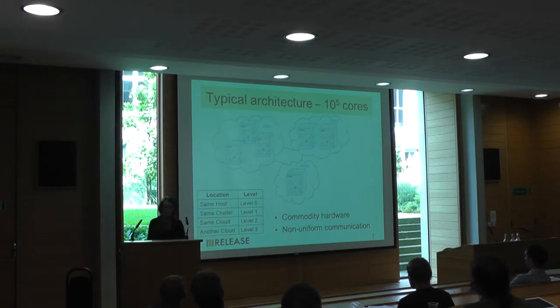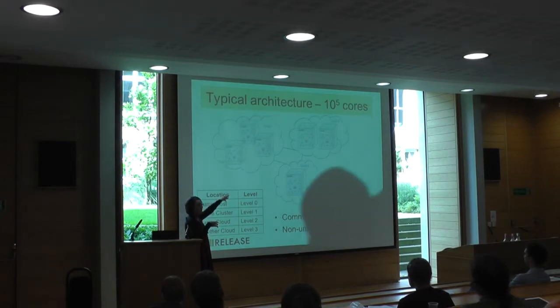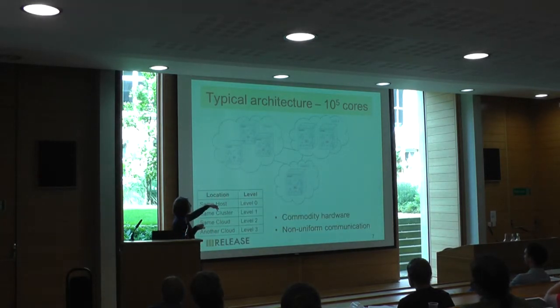Something like 1 to 5 clusters will make a cloud, and clouds will be connected to each other. Here we also distinguish levels where a process can be spawned. It can be spawned to a node on the same host, on another host but in the same cluster, or on a host in another cluster but in the same cloud, or in another cloud.